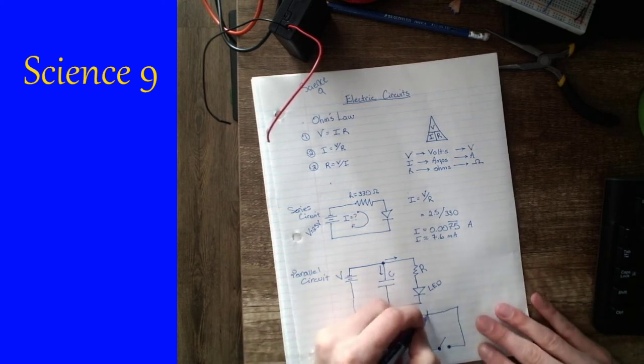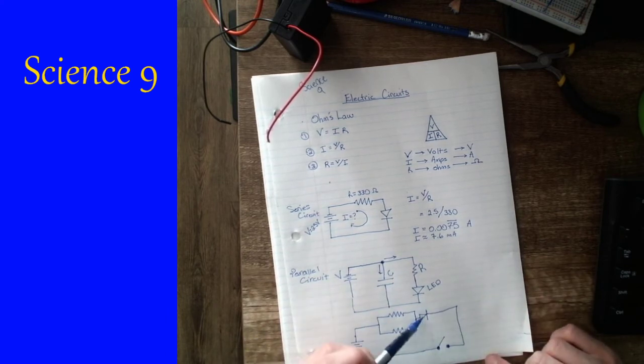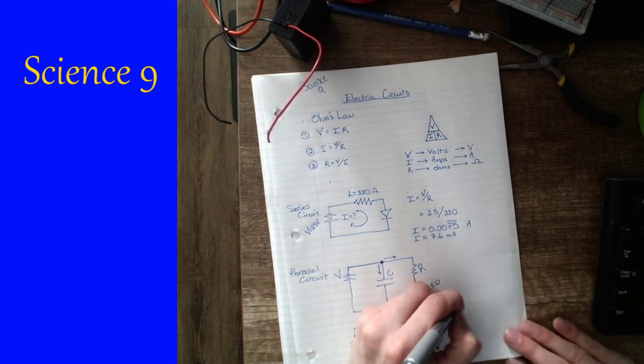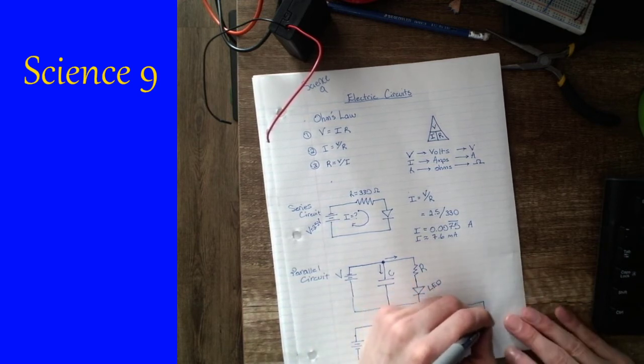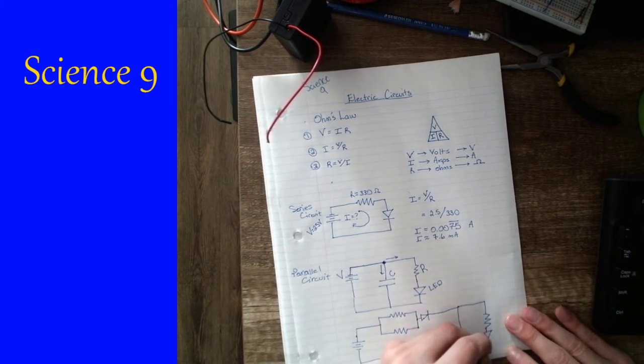This could be the example of a parallel circuit. So we have two pathways here into an LED, and then we also have a switch. We could also implement another pathway here. The options are really endless for when we try and implement a parallel circuit.